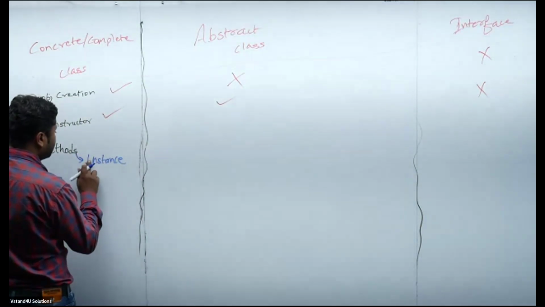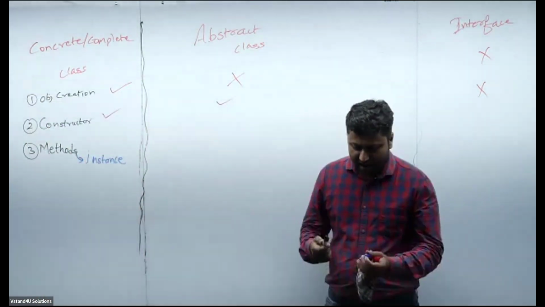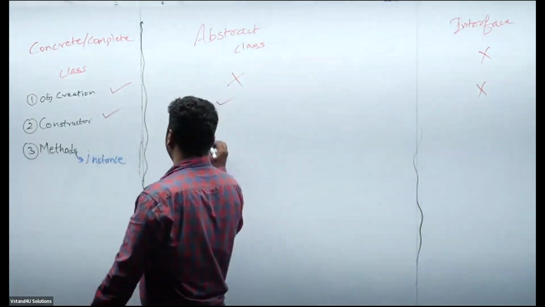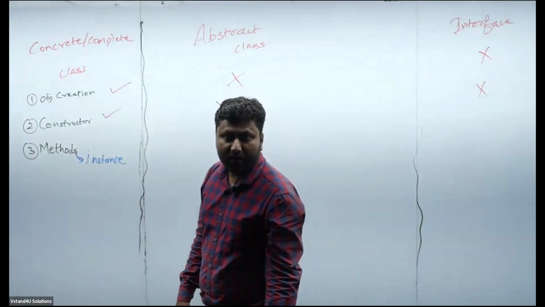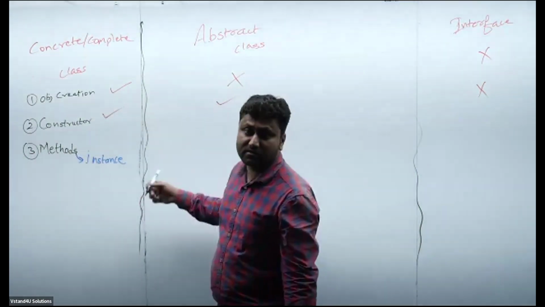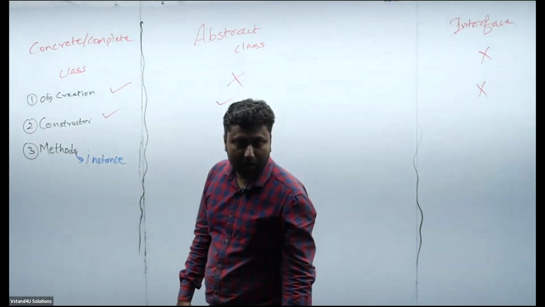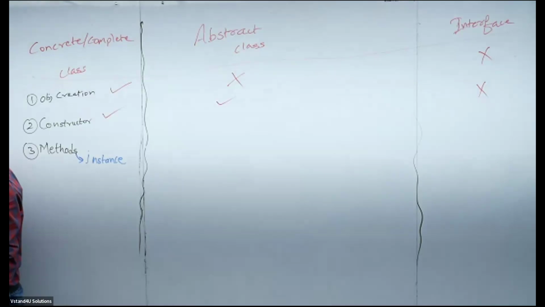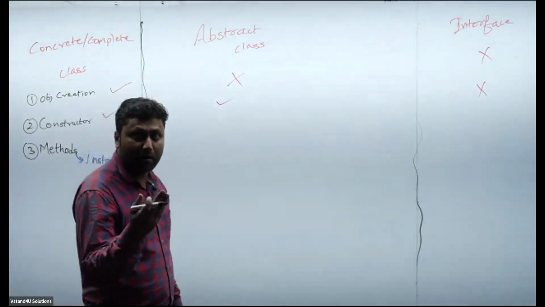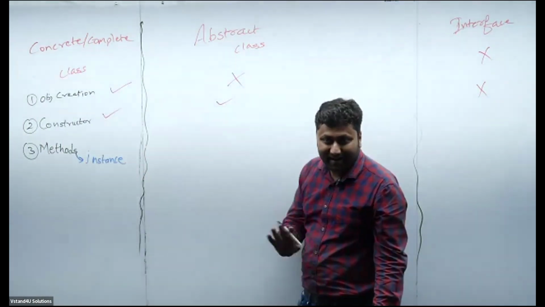They are simply called instance methods. Every method in an abstract class is by default... nothing.